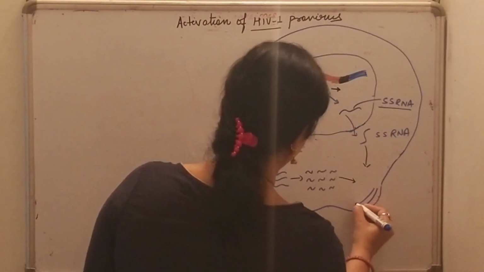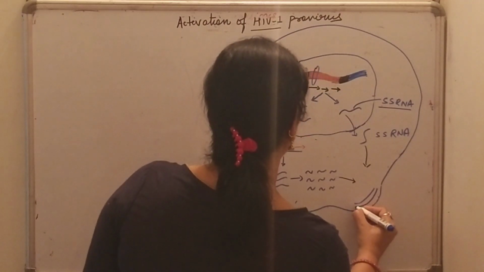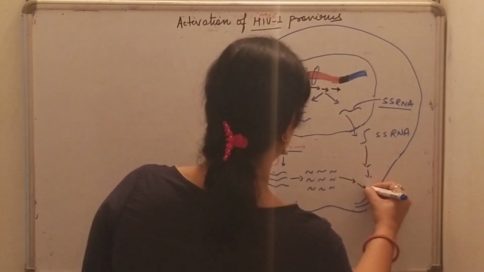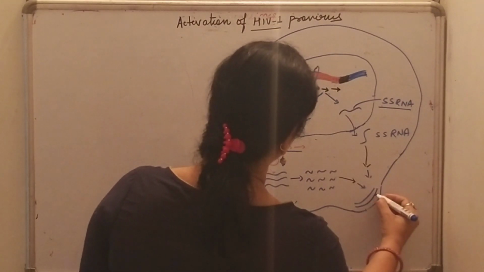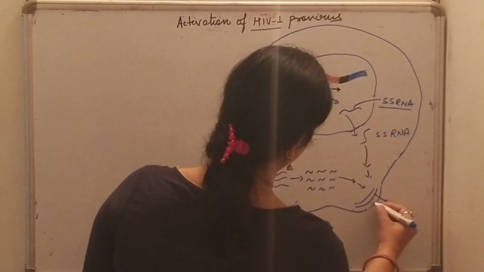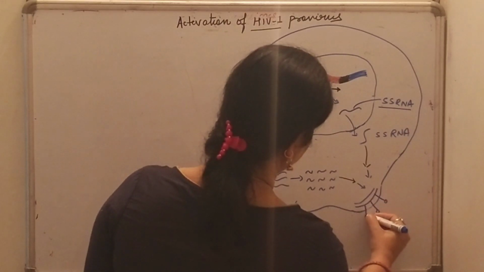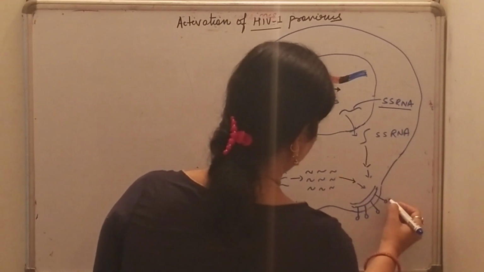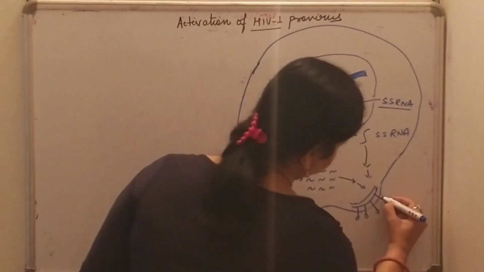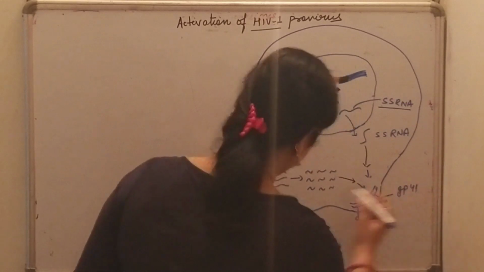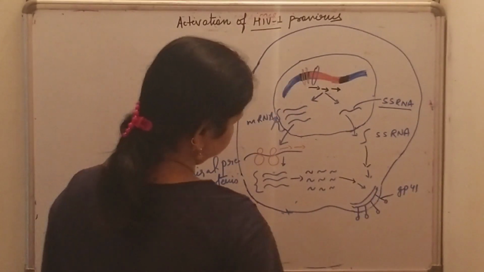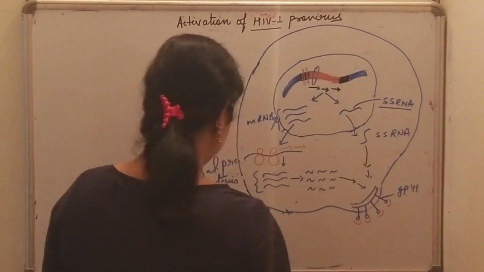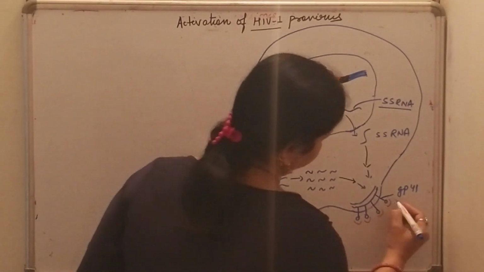Here the HIV single stranded RNA and proteins assemble beneath the host cell membrane, into which the GP41 and GP120 glycoproteins are inserted. This is GP41, and this is GP120.